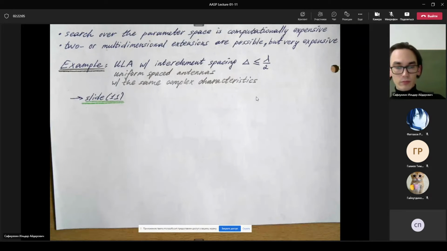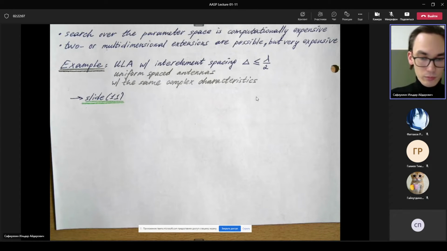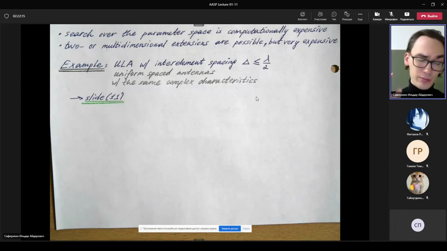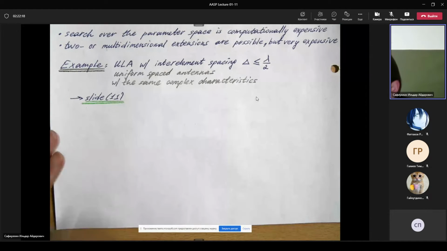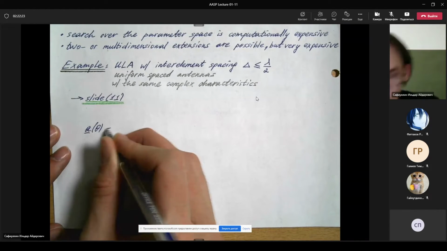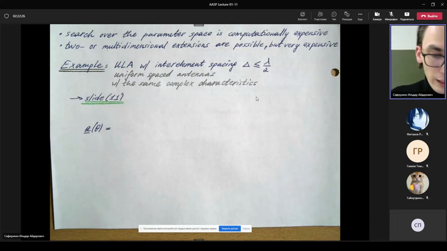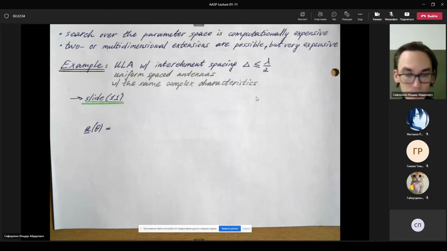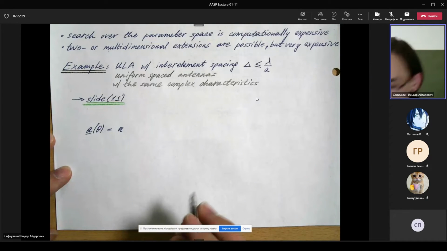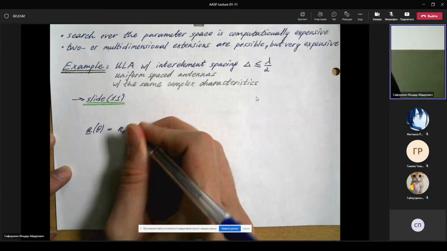In this case, we can write down the array steering vector in the following way. So A of theta is equal to, first, we need to write the scalar. So it is A subscript 0 of theta.